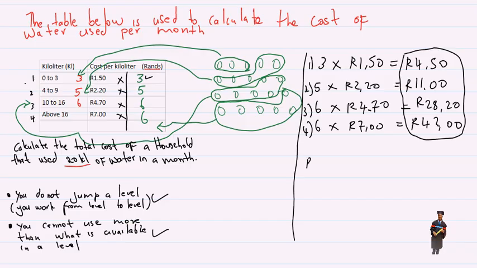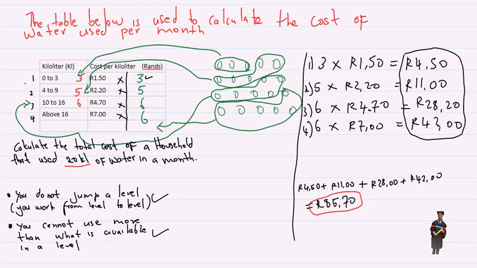So we have 4 rand 50 plus 11 rand plus 28 rand 20 plus 42 rand, which gives us 85 rand 70. It means that according to this tariff table, a person who uses 20 kiloliters of water will be charged 85 rand 70.